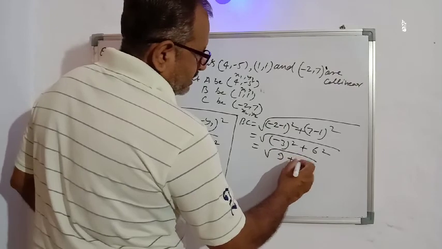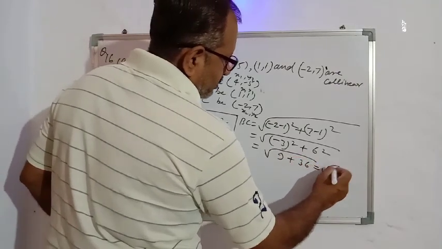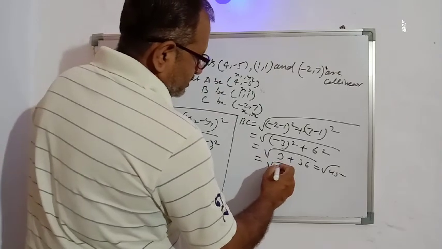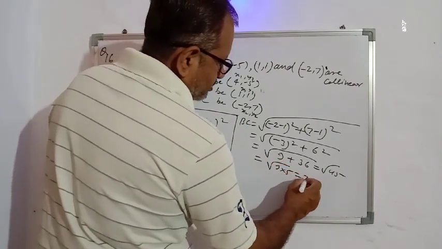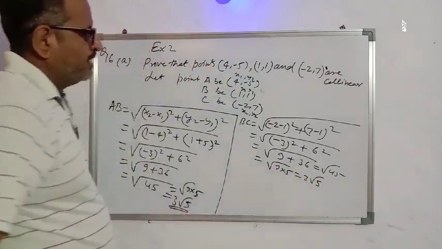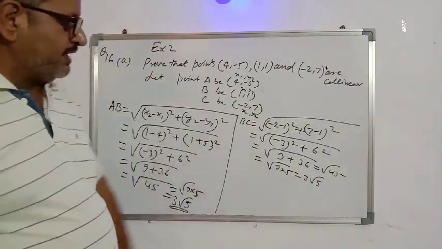It is 9 plus 36, root 45, and root 45 means 9 into 5. So again we can write 3 root 5, as the square root of 9 is 3. So BC is 3 root 5.